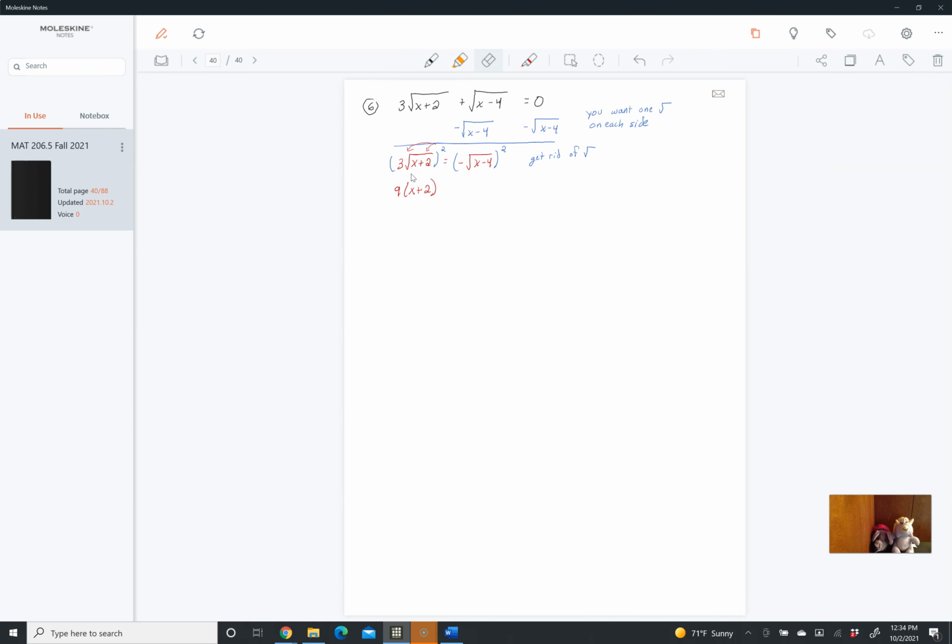Okay, that 2 gets distributed. And then negative square root of x minus 4, this 2 is also getting distributed. If you square a negative, it just becomes positive. And this is going to give you 9x plus 18 is equal to x minus 4.